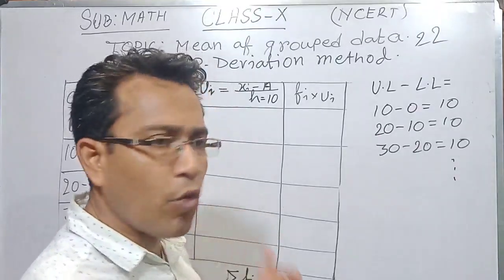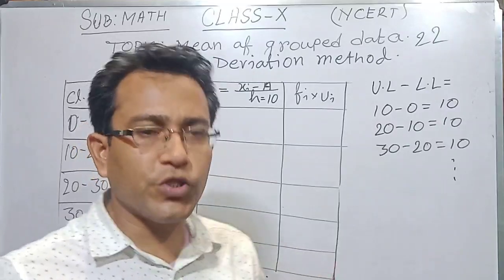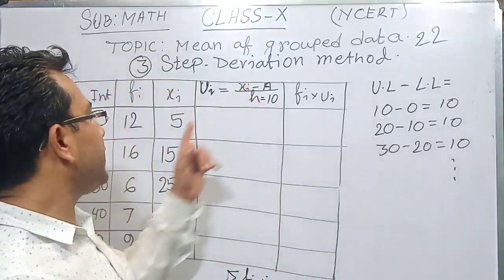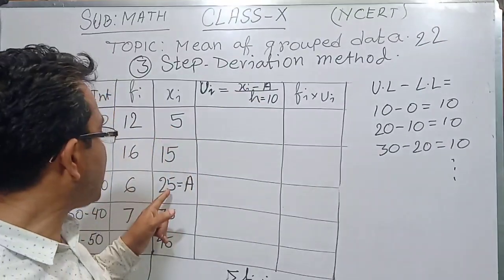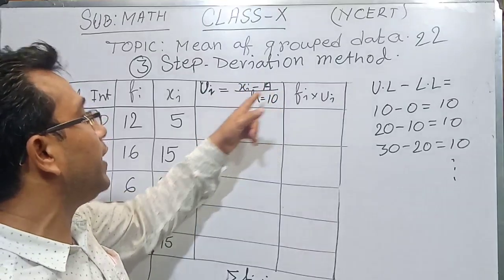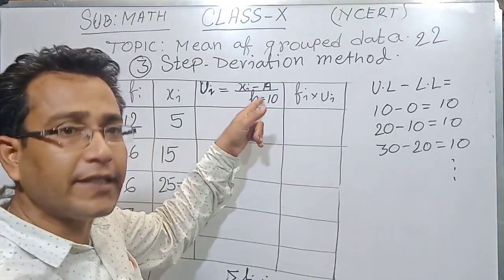Here I am using one math to make you understand more easily. But the process is the same in every case. Here xi, the mid value, minus a, the assumed mean, xi minus a by the width of each class, that is 10.